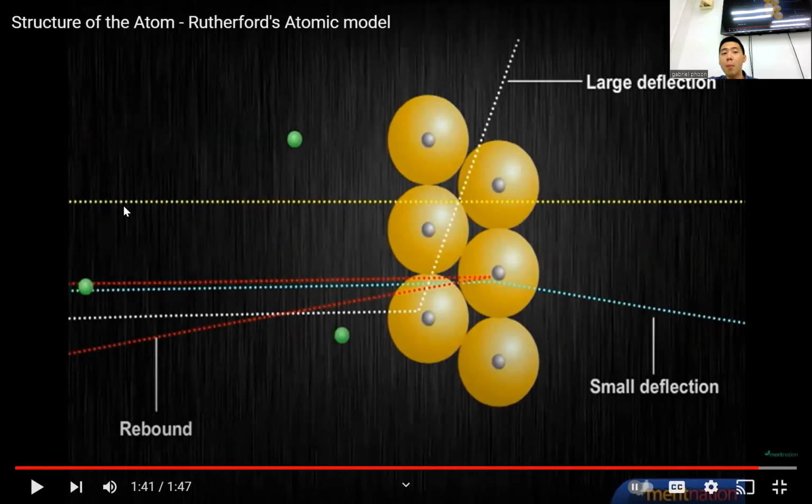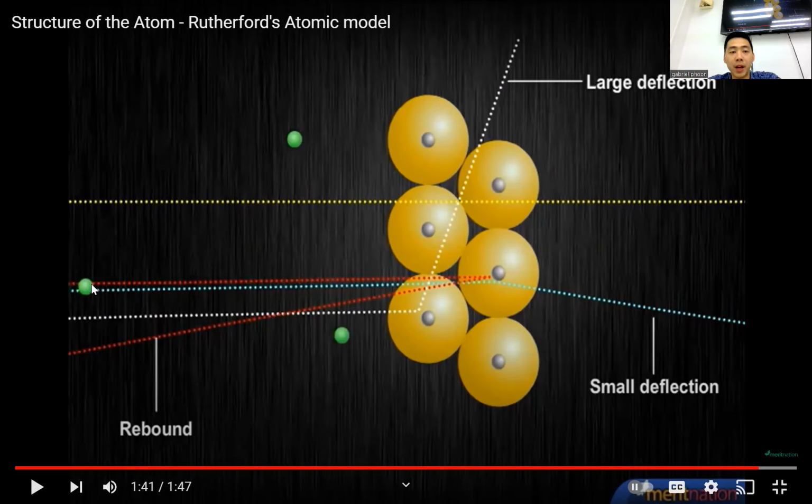You remember just now he said that most alpha particles that was bombarded through the gold foil is going straight through. This statement here, this yellow line here is proof that most of the atom is made of empty space. Then the question will continue something like this. Explain what else the gold foil experiment proved.